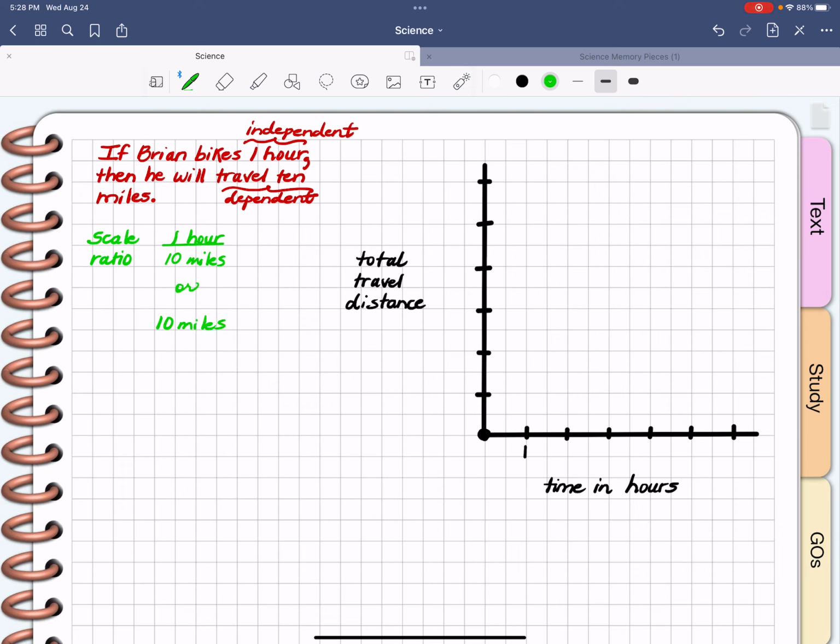However, if you want the slope, you need the rise on the top, which is the distance on the top, distance over hours. This would give you your slope. Okay. Let's see. 1 hour, 10 miles. 2 hours, 20 miles. 3 hours, 30 miles. 4, 5, 6, 40, 50, 60.